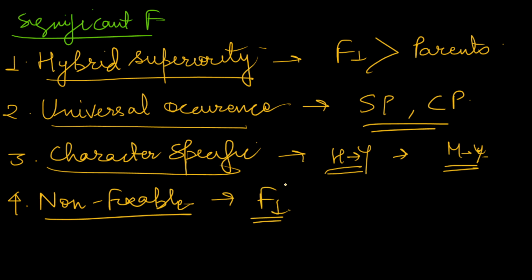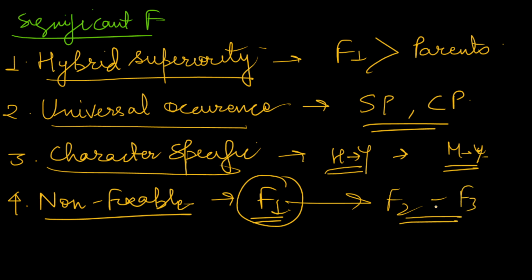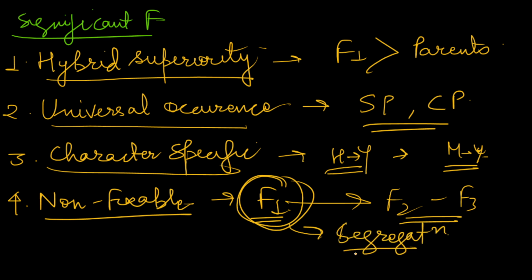When this F1 acts as parent, it is not fixed that the heterosis character will pass to F2 or F3 and the following generations, because heterosis will be maximum in F1, but it will decline in later generations due to segregation. So it is not fixed forever. It will segregate, and the performance in later generations will be reduced.